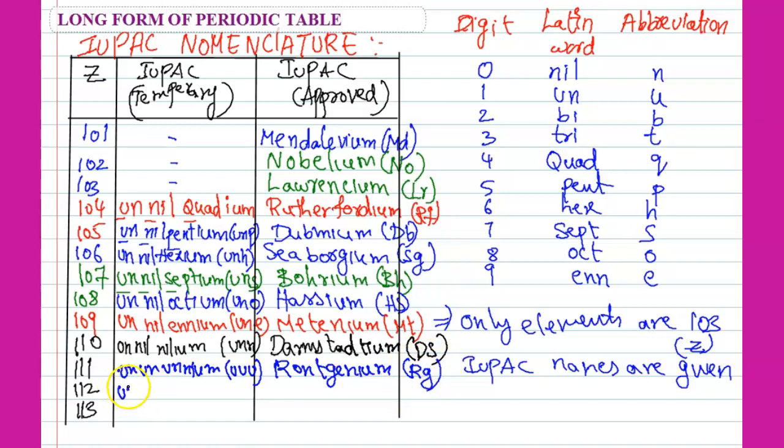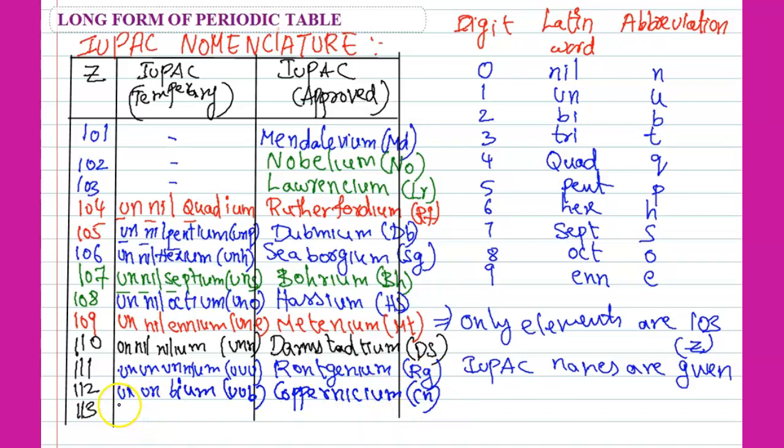Next, 112, bi-um, so Uub. Uub means Copernicium, symbol Cn.